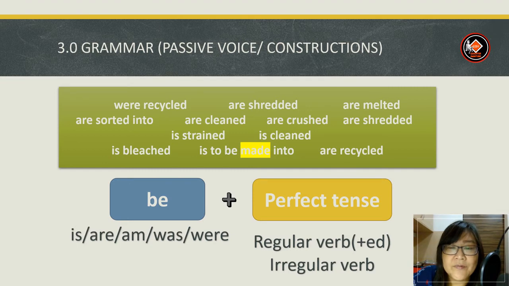Then you add the past participle. So remember there are regular verbs where you add ed like recycled, shredded, melted, sorted, cleaned, crushed, strained, bleached, and recycled. And you also have irregular verbs such as made.